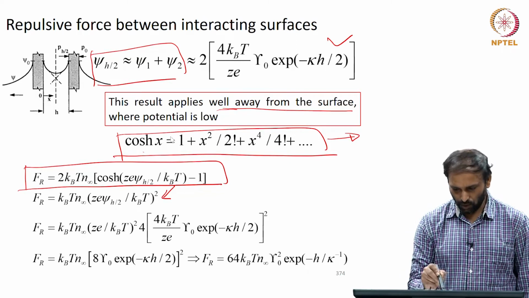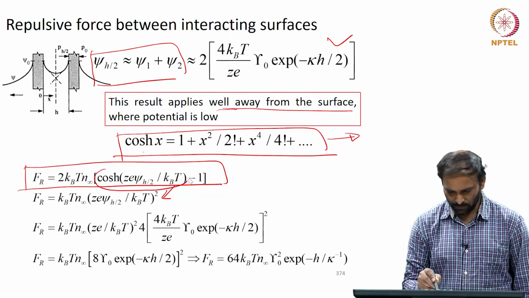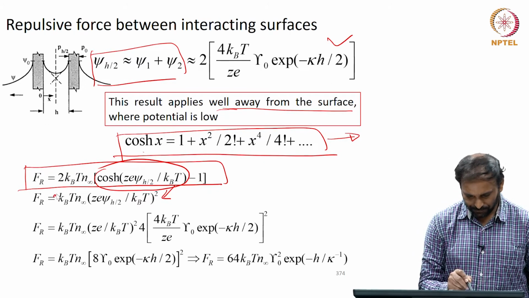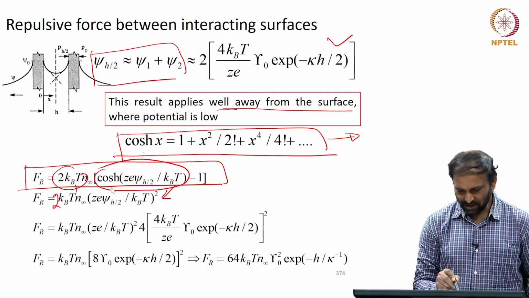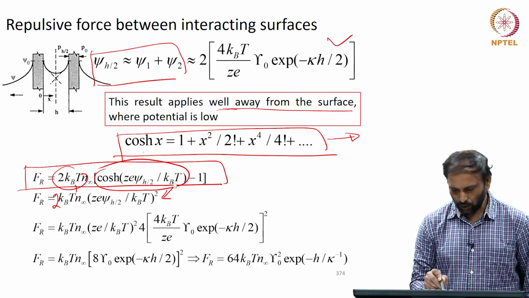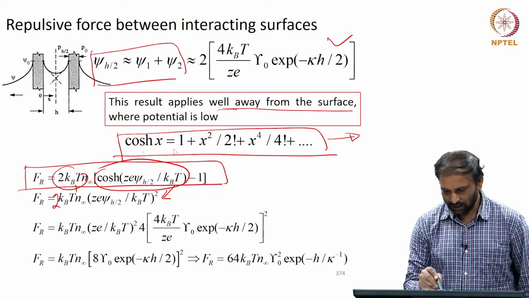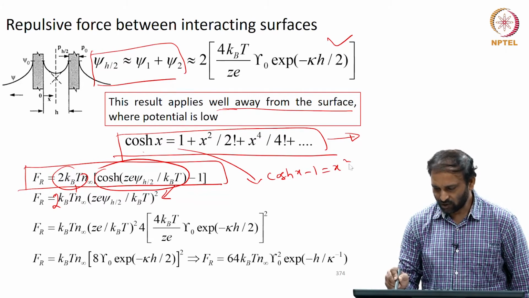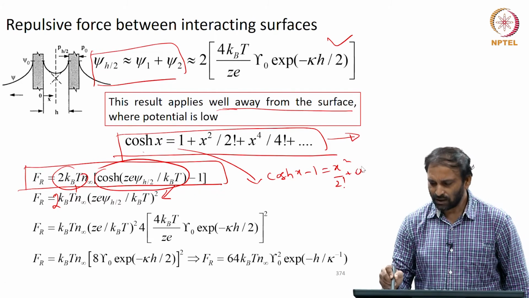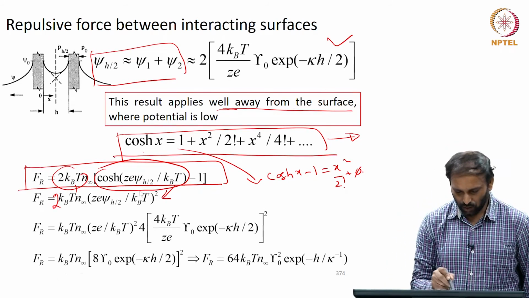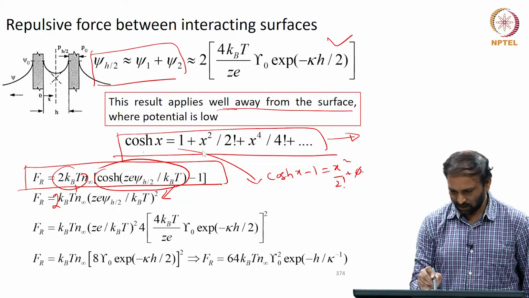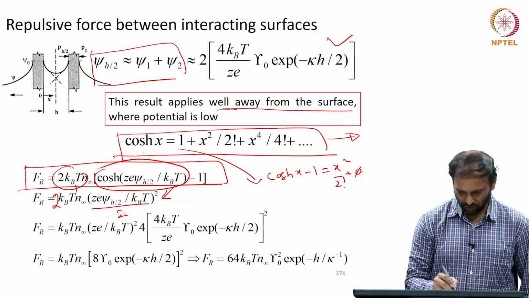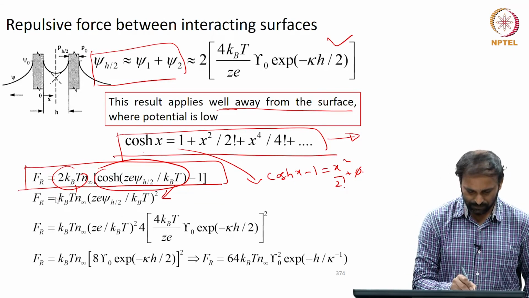So, instead of cos hyperbolic, in the term 2 kBT, cos hyperbolic of h by 2 kBT minus 1, I can take cos hyperbolic x minus 1 is equal to x square by 2 factorial, neglecting the higher order terms. Therefore, I can write this as this divided by 2, so this gets cancelled, and I essentially end up with this expression.